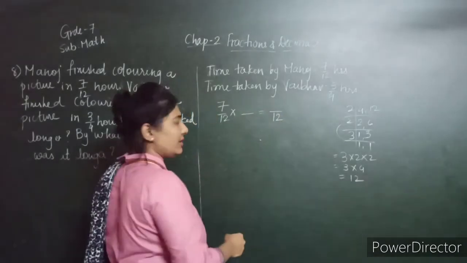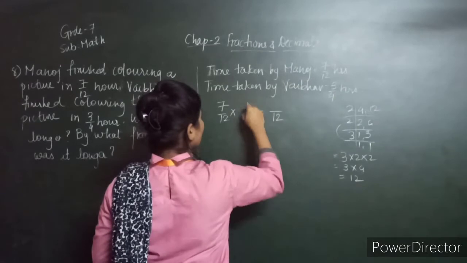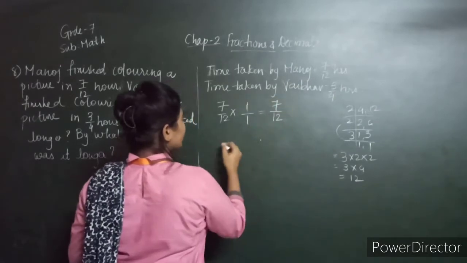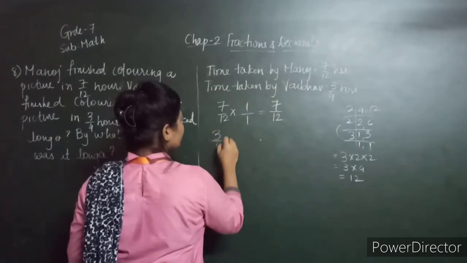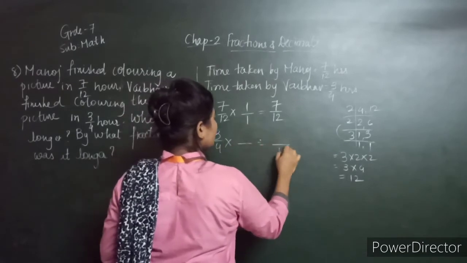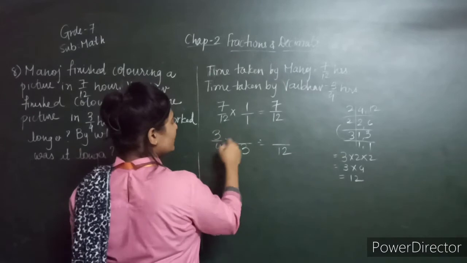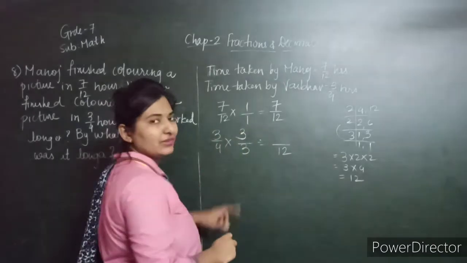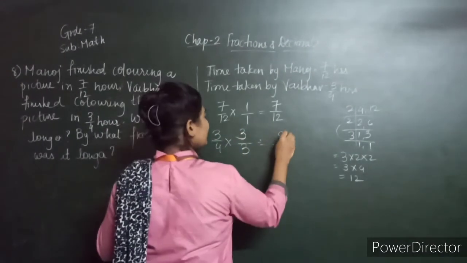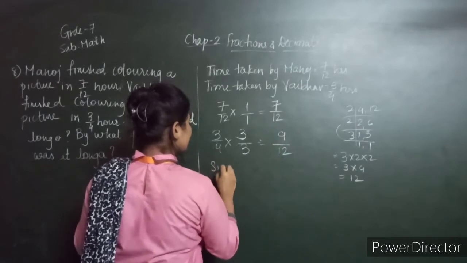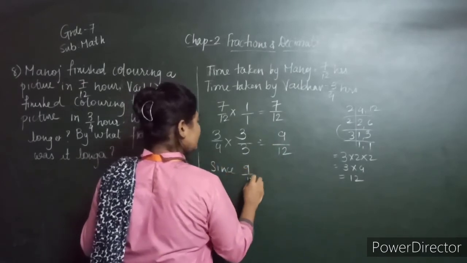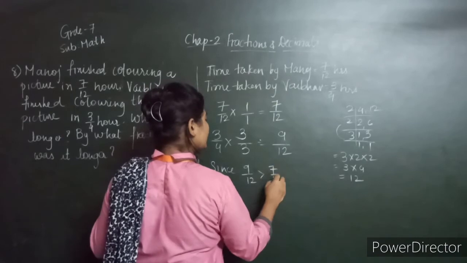Here we have to write 12. So it is 7 upon 12, then 3 upon 4. 4 3s are 12. So in the numerator we have to multiply it with 3. 3 3s are 9. So 9 upon 12 is greater than 7 upon 12.